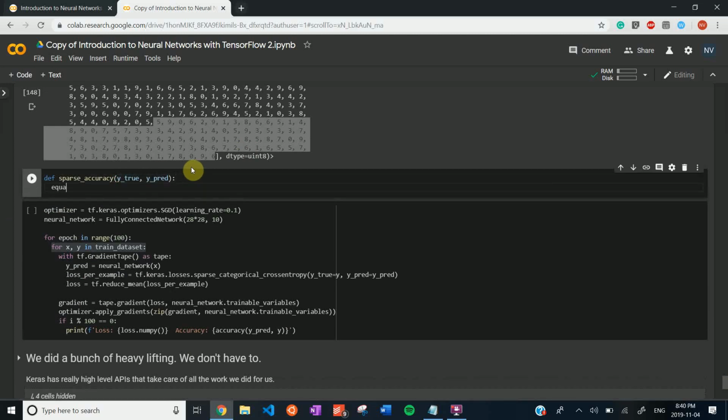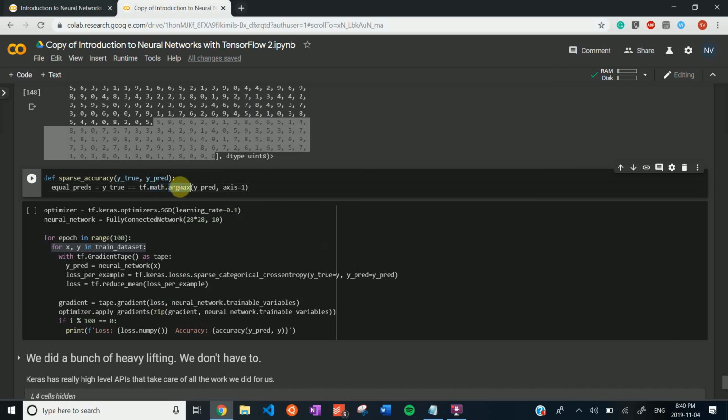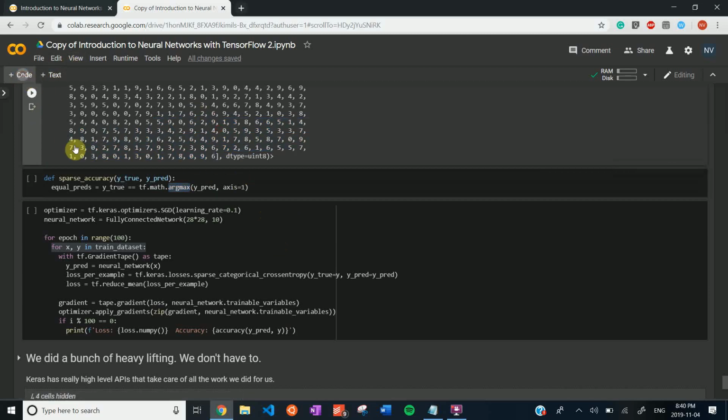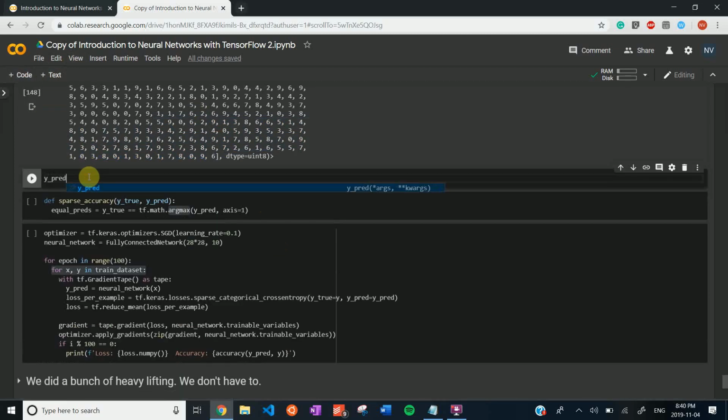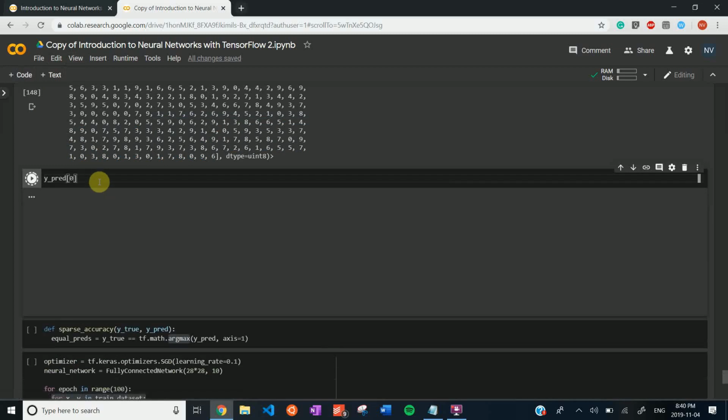And essentially, we're going to check if the y true is equal to the argmax of the prediction. So just to explain this once again, this argmax is finding the maximum value of the row. So for example, if your data had, let me show you a y pred, this is like one example.